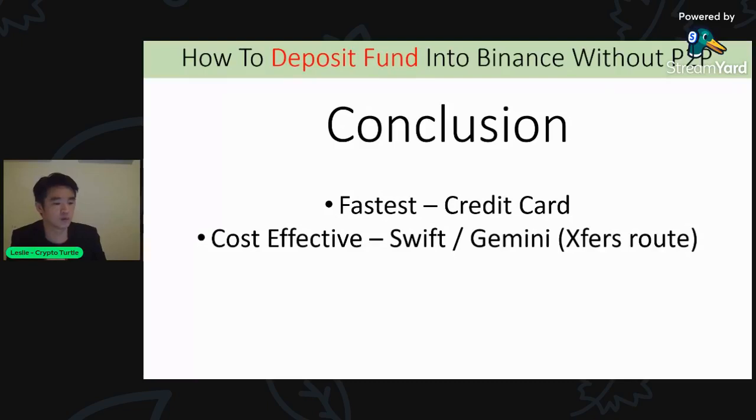The most cost effective I would say is using Swift, as well as Gemini by using the expert route, because there's this 10 free withdrawal on Gemini. So you can actually do that.